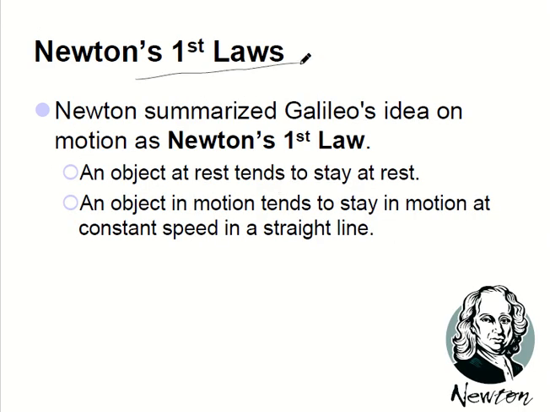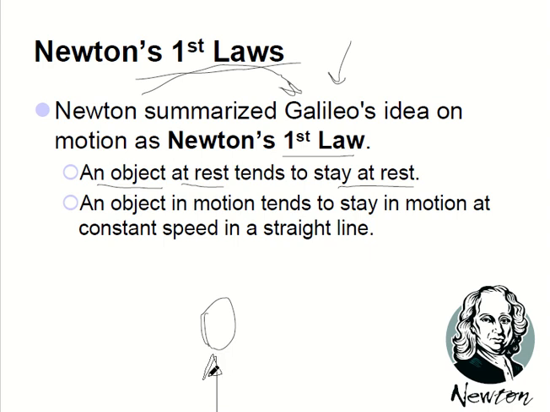So the first law: Newton took Galileo's idea and summarized it and put it into a law, because Galileo didn't do it. An object at rest, meaning it's not moving, tends to stay at rest.